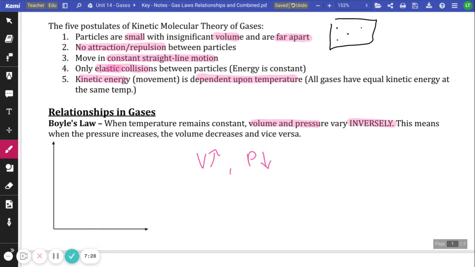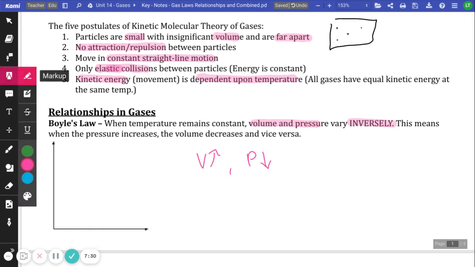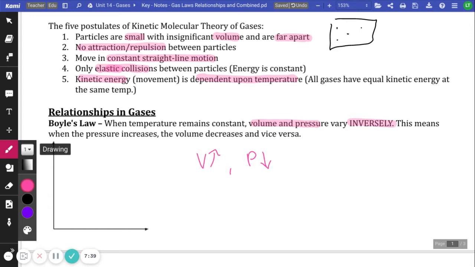They vary inversely, so they're opposite. As my pressure increases, my volume is going to decrease. I remember this gas law personally with the phrase, you boil peas and veggies. So Boyle's law relates pressure and volume.